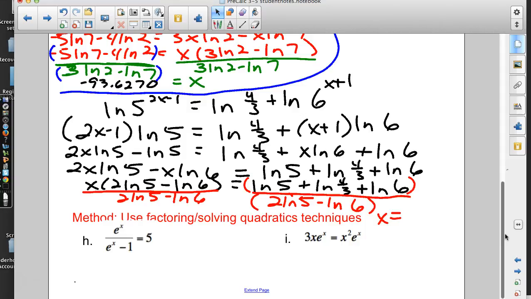Phew. Natural log 5 plus natural log 4/3 plus natural log of 6. Finish it off. There's our wonderful answer. 2.5848.